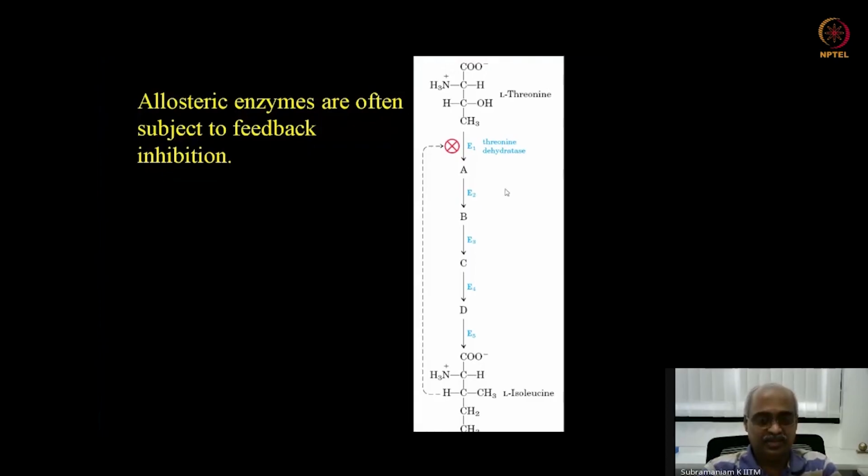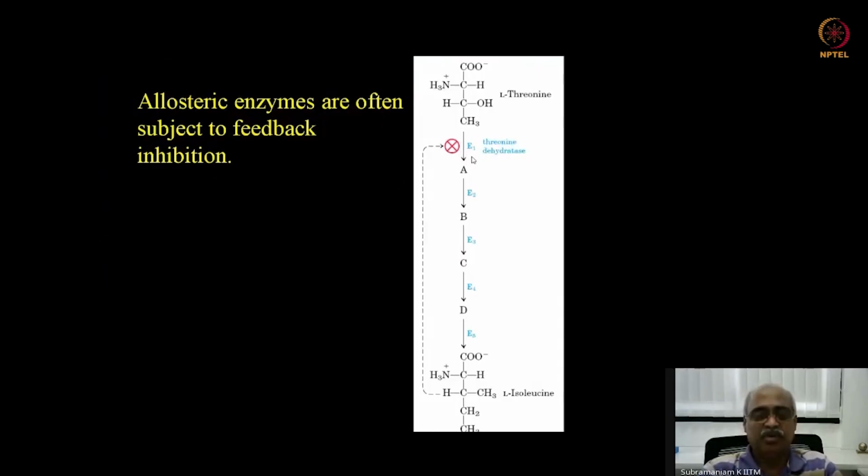In such a situation, making A is useless when you have a lot of isoleucine. That kind of step is called a committed step, meaning by doing this reaction, you are committing this threonine to making isoleucine. And usually that is the step that is regulated allosterically. Usually committed steps are rate limiting also.